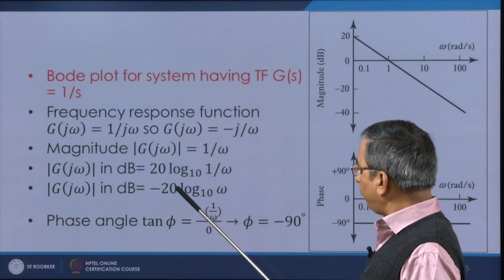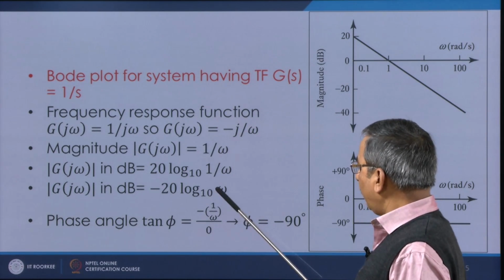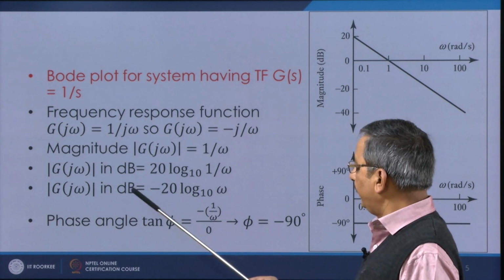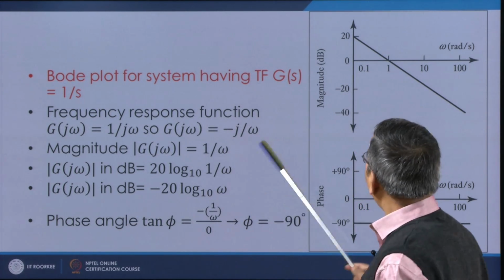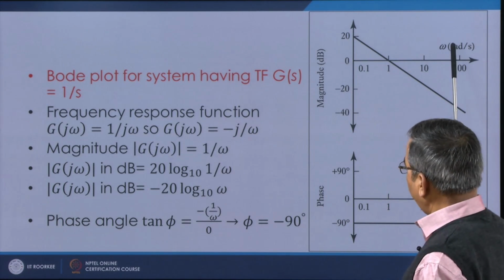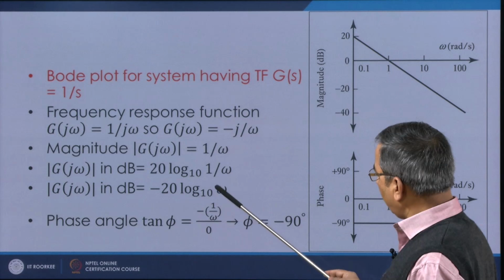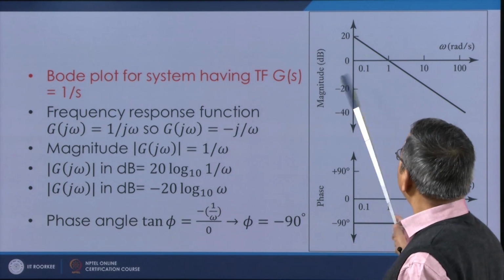So, what we have finally is minus 20 log ω. Now if I plot this magnitude in decibel, when I put the omega value as 1, this is what I am going to get, that is 0.